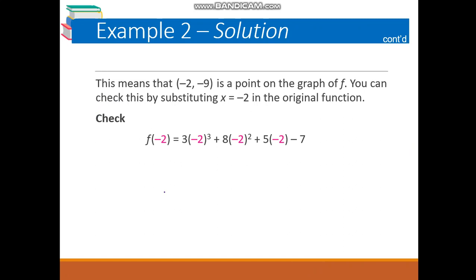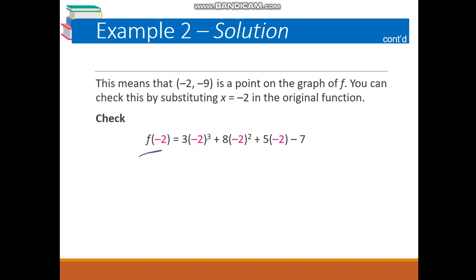Which means that the point (-2, -9) is a point on the graph. And I can check it by actually doing what most of us would do. If somebody said to me, hey, find the value of this function when x is equal to -2, I would just put x equal to -2 in my function, right?